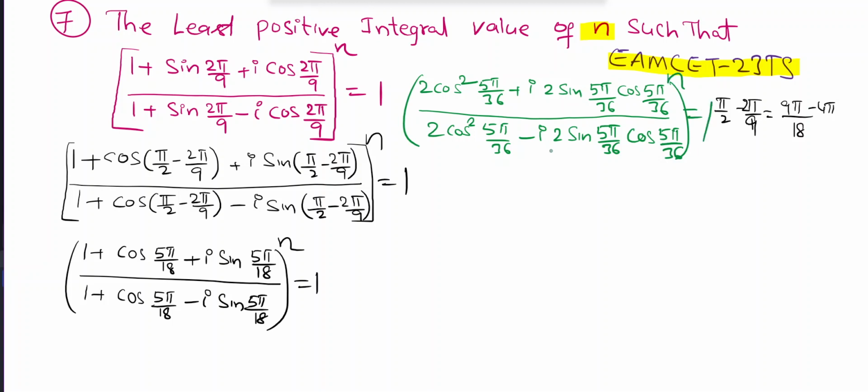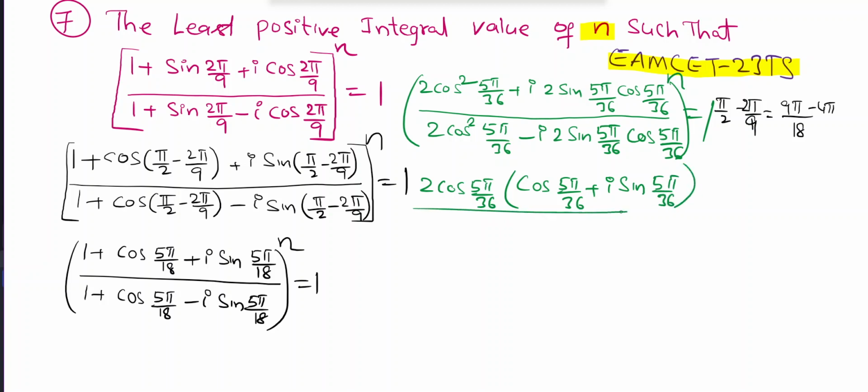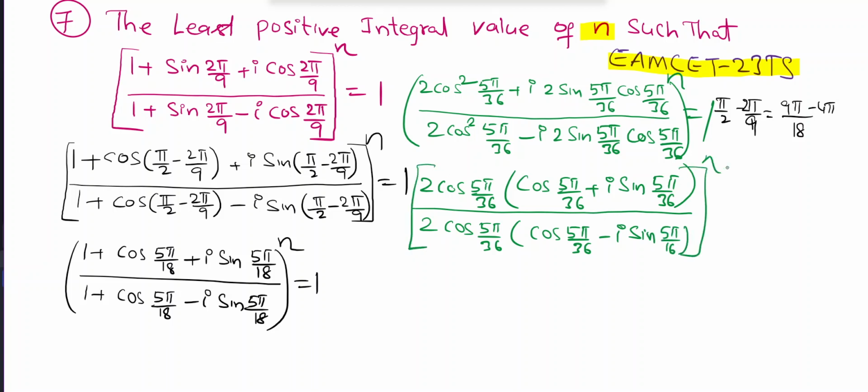This is equal to 1. Take 2 cos 5 pi by 36 common in numerator and denominator. The numerator is cos 5 pi by 36 plus i sin 5 pi by 36, the denominator is cos 5 pi by 36 minus i sin 5 pi by 36, whole to the power n equal to 1.